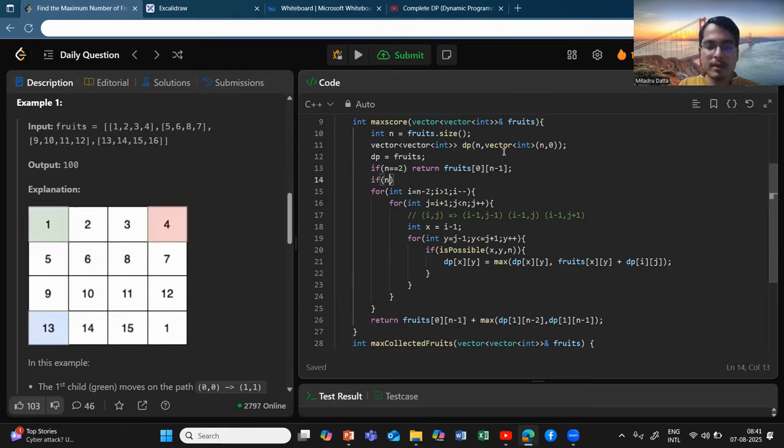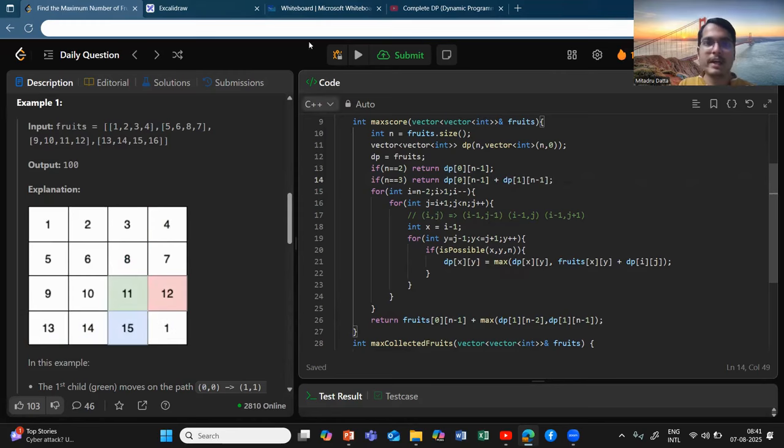And if n is equal to 3, you just return whatever is the case. You can write dp as fruits, right? So for a smaller representation, you can just write dp and you just add these elements. Okay, so you just add 0, n minus 1 with something like dp 1, n minus 1.